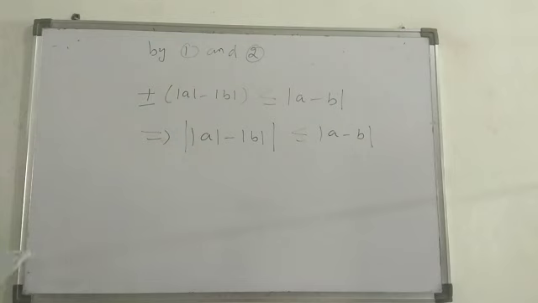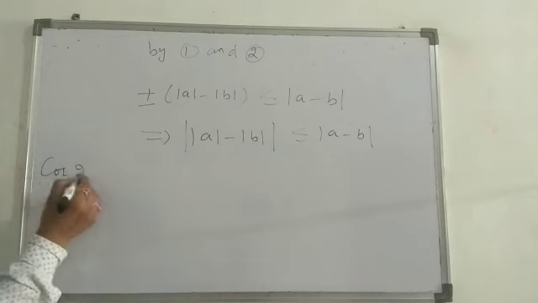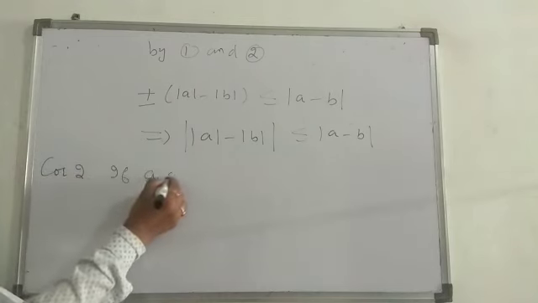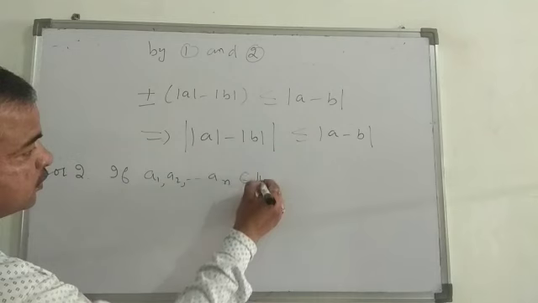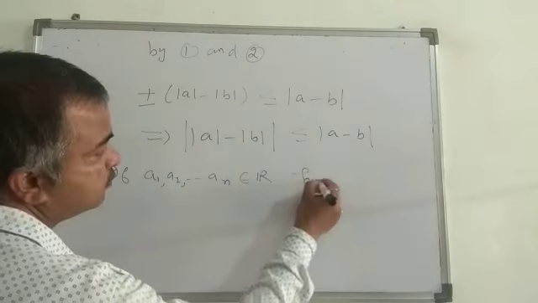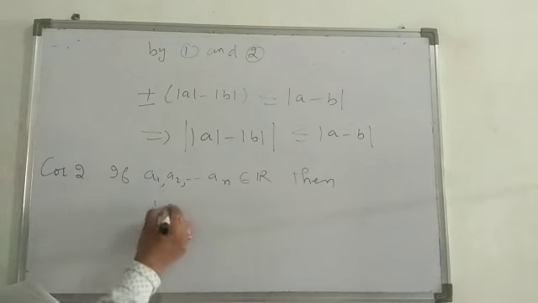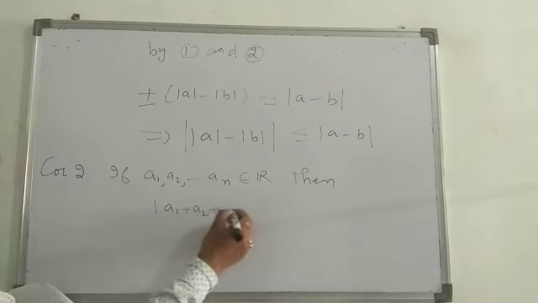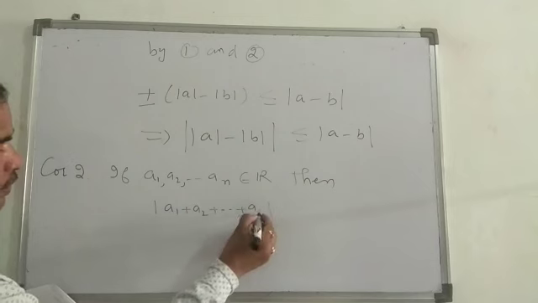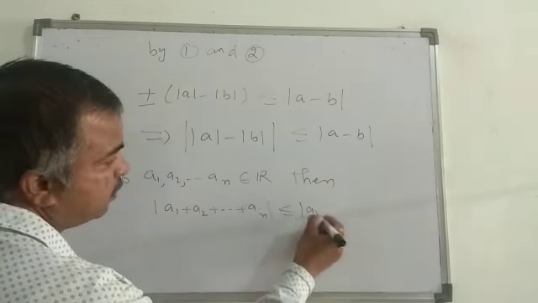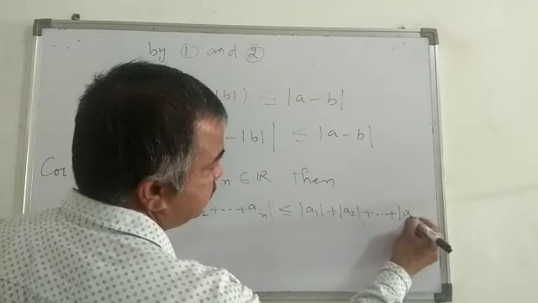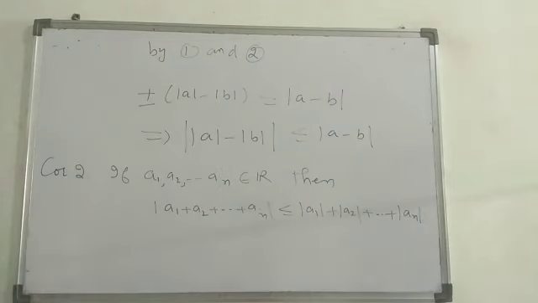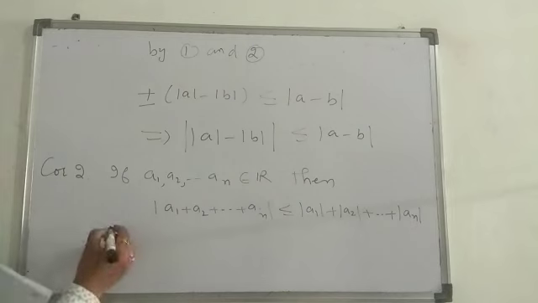Next, corollary 2. If a1, a2, ..., an are real numbers, then |a1 + a2 + ... + an| is less than or equal to |a1| + |a2| + ... + |an|.